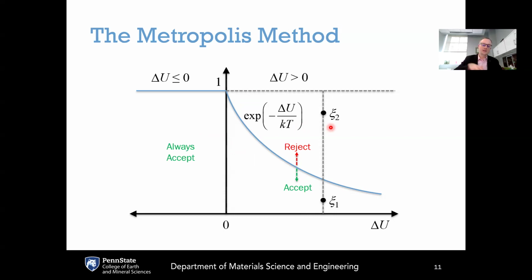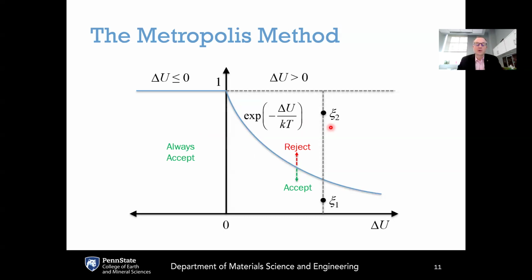If you reject, then you go back to your previous configuration and then randomly choose another trial configuration and then perform the accept or reject based on that. And then this will continue over any number of trial displacements that are made.